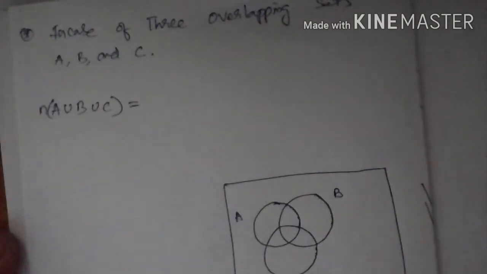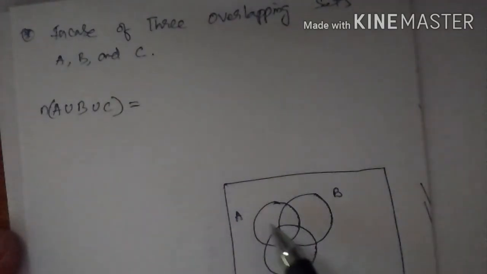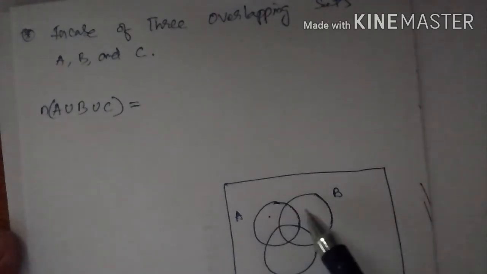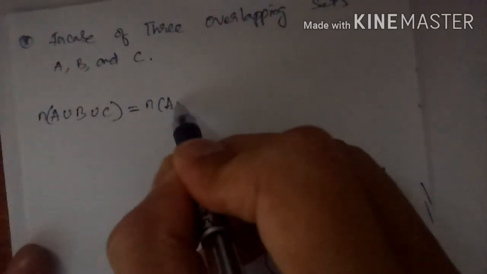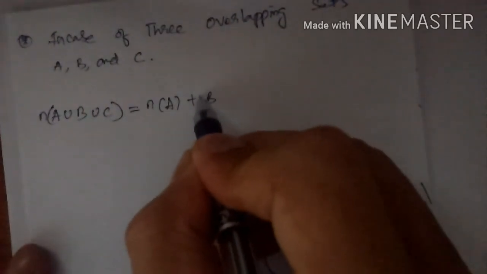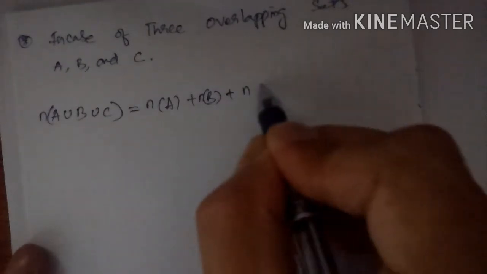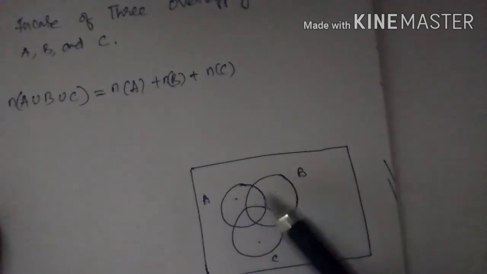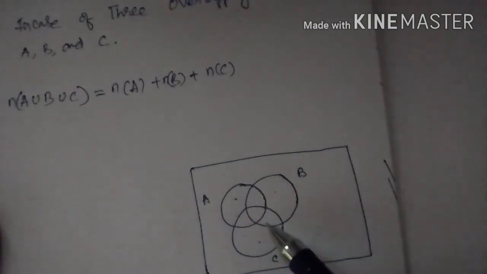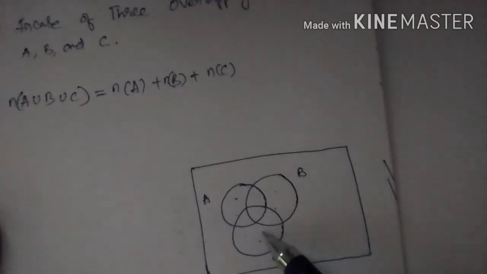So first, we can find the value of this whole union A union B union C by just adding the number of A plus the number of B plus the number of C. But then we have an intersection of these two, an intersection of these two, and an intersection of these two.